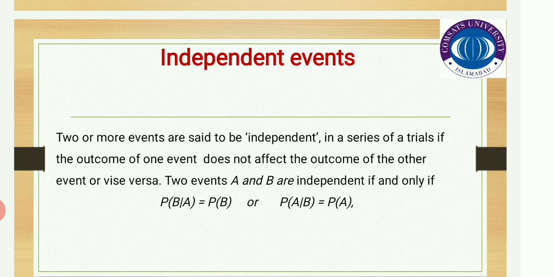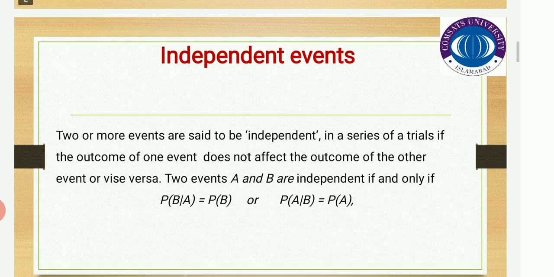Let's say we perform a random experiment through which we generate some sample space S, and we define any two events, let's say A and B, on that particular sample space.